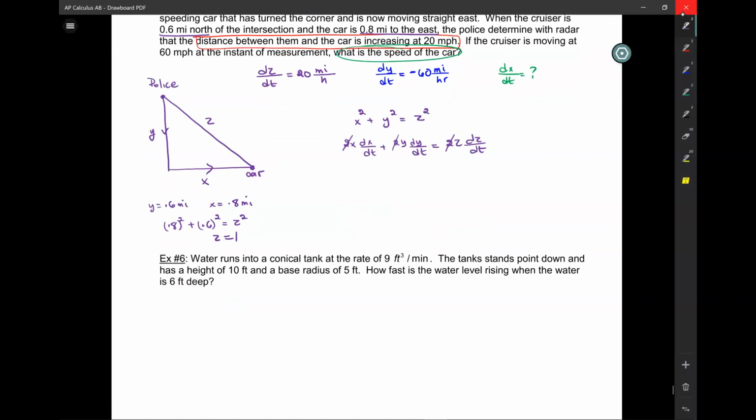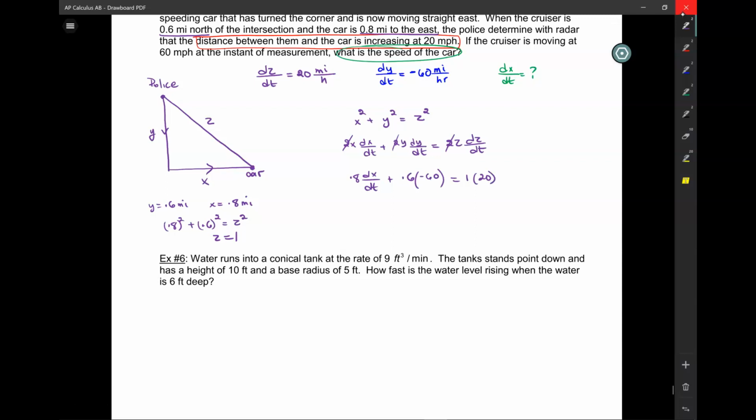All right, let's plug these in. x is 0.8 times dx/dt plus y is 0.6 times dy/dt, which is negative 60, equals z is 1 times dz/dt, which is 20.